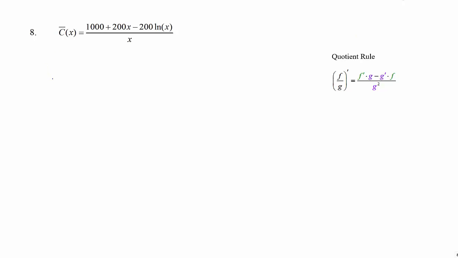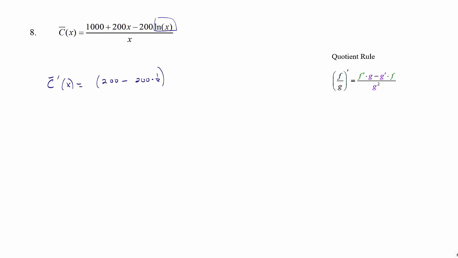Okay, so c bar prime of x is going to be equal to, I need the derivative of the first, so the derivative of my numerator. So I get 0 plus 200 minus 200 times the derivative of the natural log of x, which will be 1 over x.